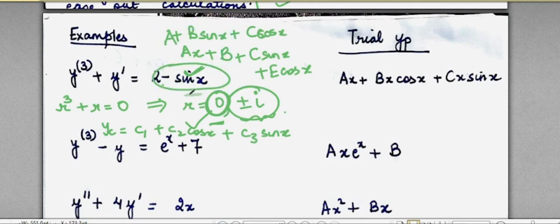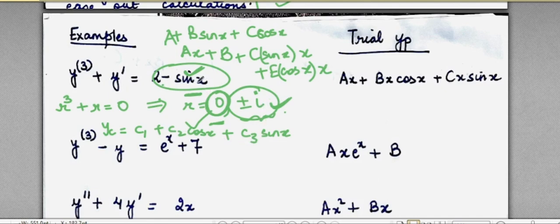Sin x is an affected term, affected by this complex pair appearing once. So instead of sin x, you will have to multiply sin x with x and then consider its normal trial yp. Normal trial yp will not work here. Instead of normal trial yp, you will have to multiply this sin x with x to the power 1 because it's a complex pair coming once, and similarly multiply this cos x with x to power 1 because plus minus iota corresponds to sin x on the right hand side.